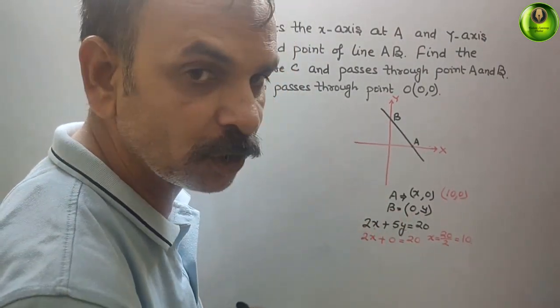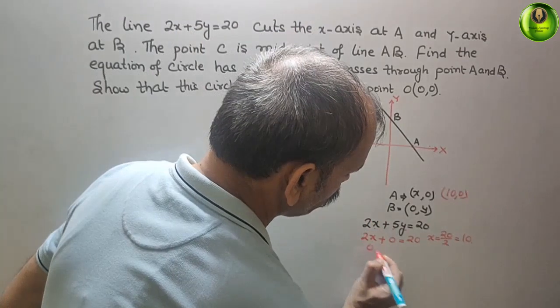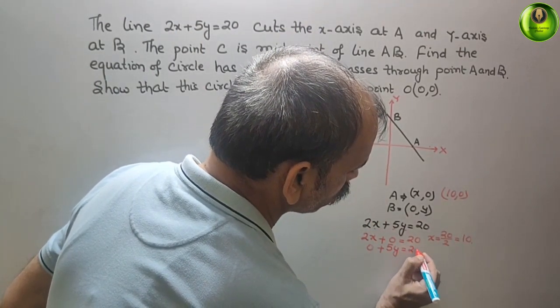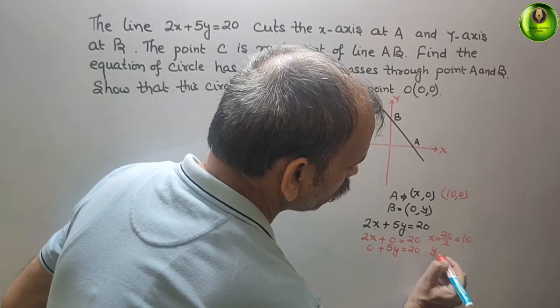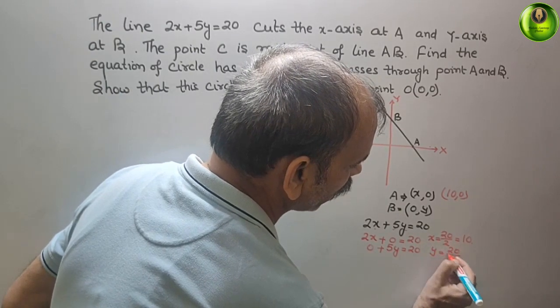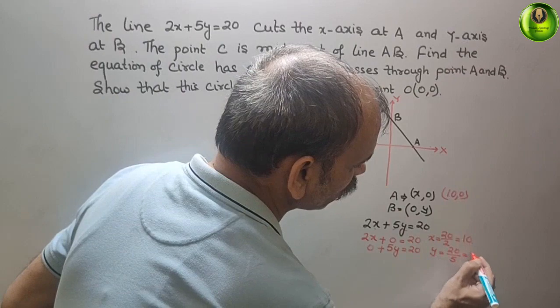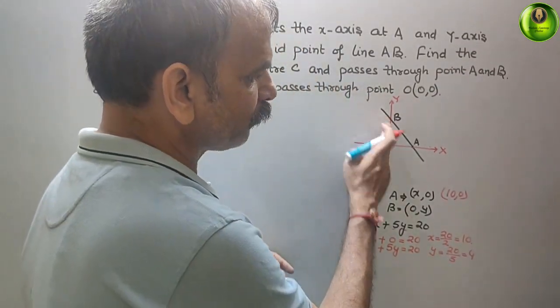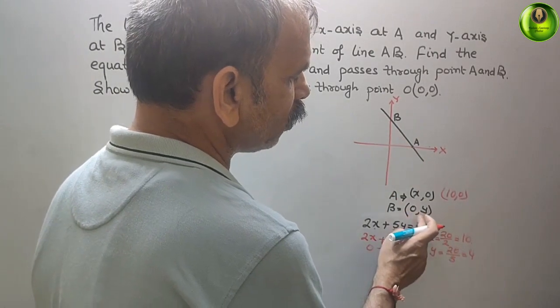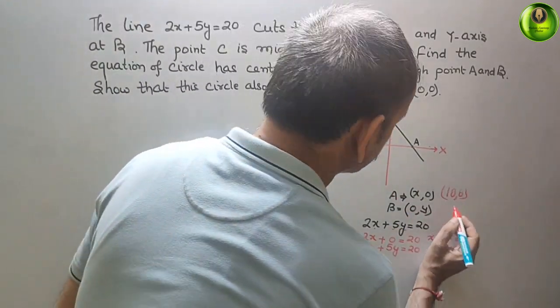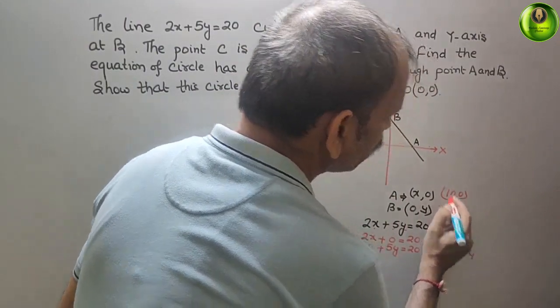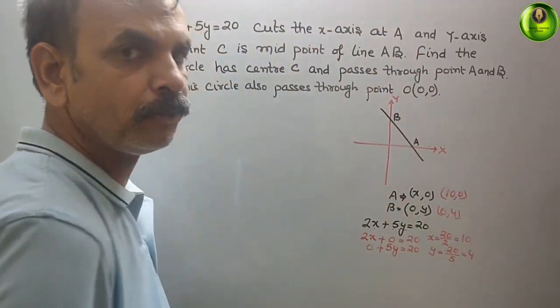That means 2x is 0, plus 5y equals 20. So y is 20 by 5, that is equal to 4. So the coordinate of B is (0, 4). So these are the coordinates of A and B.